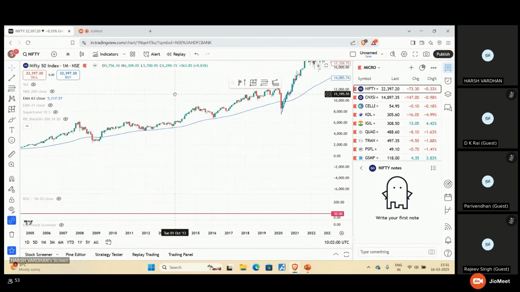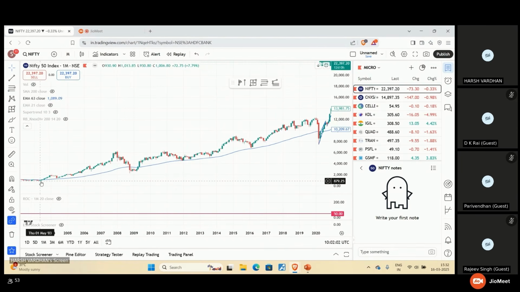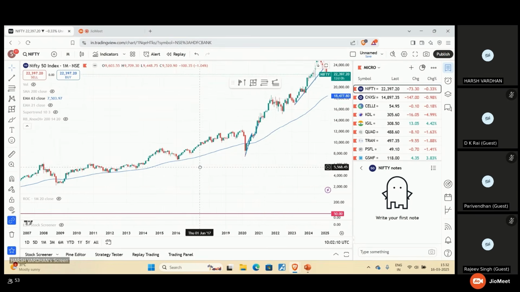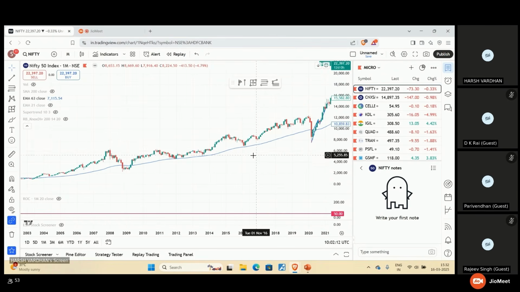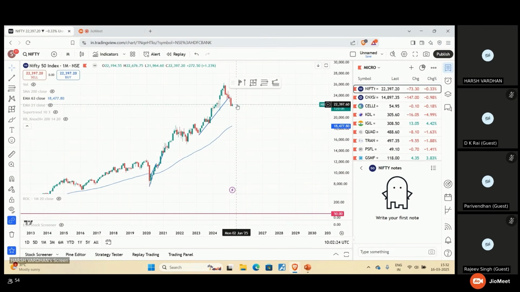For example, if you check here, from August 2003 till now, Nifty has barely touched the EMA 63 line a few times on a monthly chart basis. So it is more or less still in an uptrend on a monthly chart.